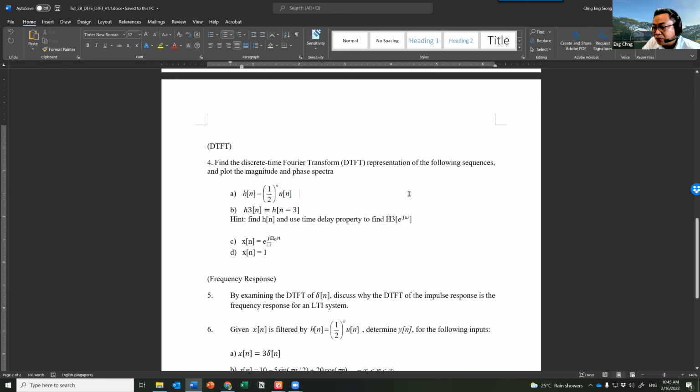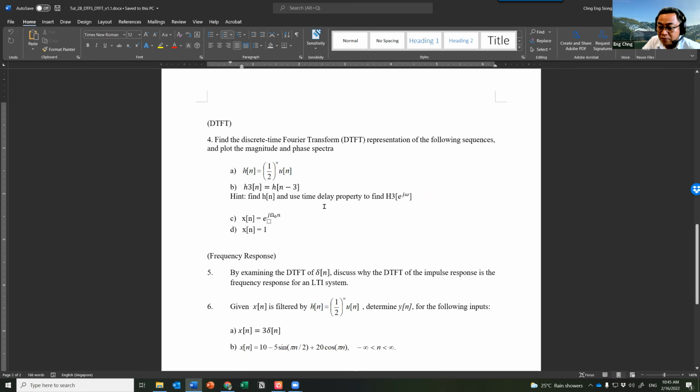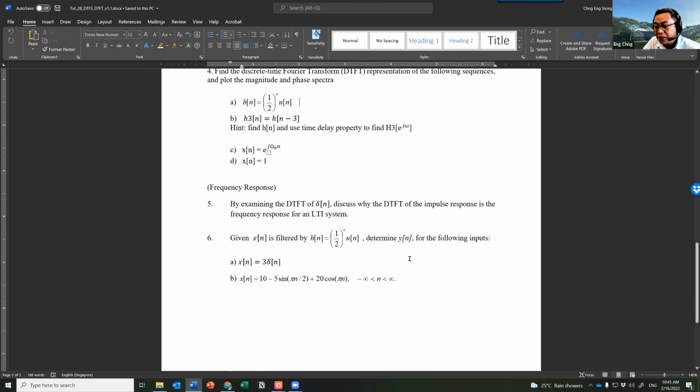This infinite impulse response can only be analyzed by DTFT. Okay, so that's the idea. How? You go and see the answer in 4A. So for DTFT, you have to play with all of this, and then we're done with DTFT.